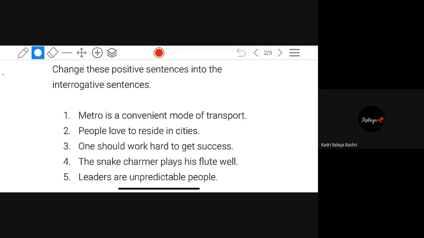So if you want to take a screenshot, do it, then I'll change. Sir, repeat the fifth. Are leaders unpredictable people? Yes, sir. Okay.